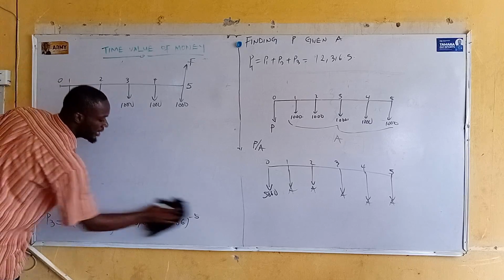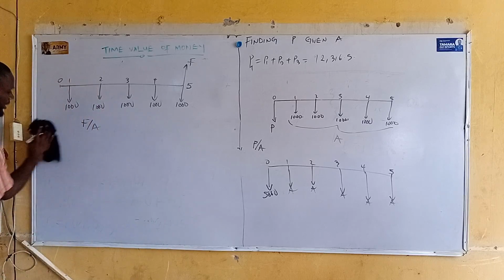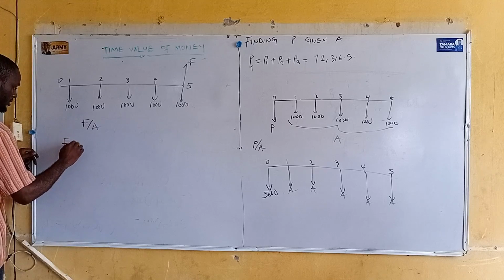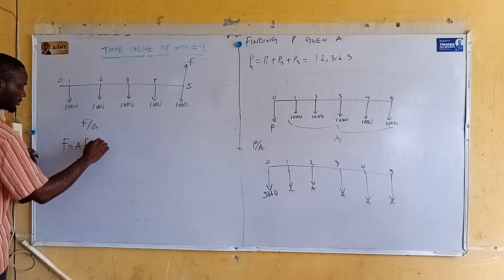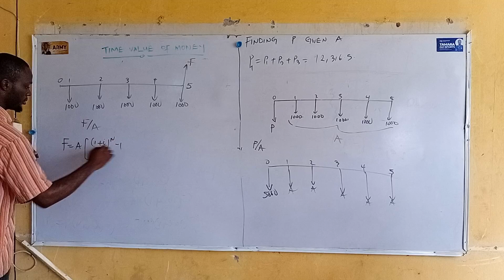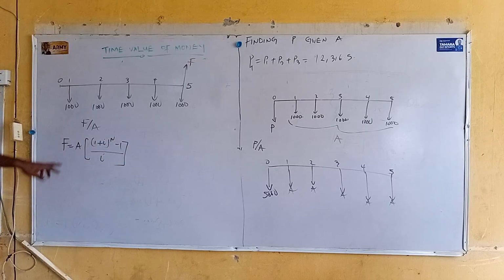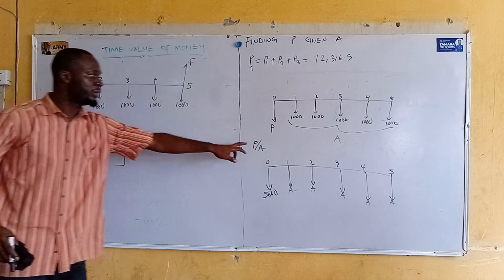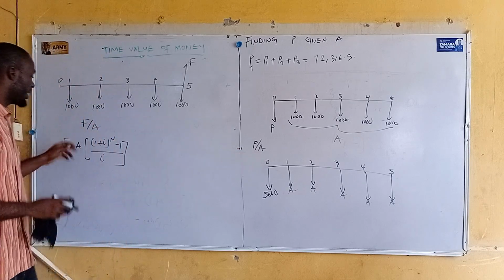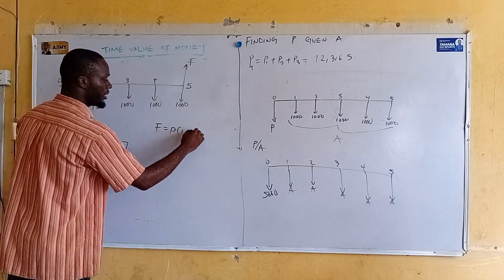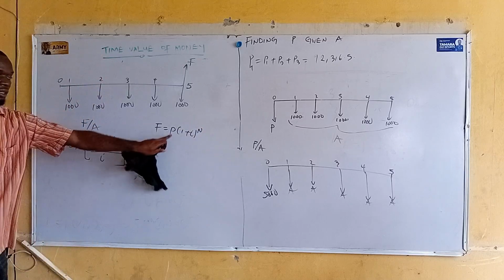So to find F given A, the formula is... To find P given A, remember that F is equal to P(1 plus i)^n.